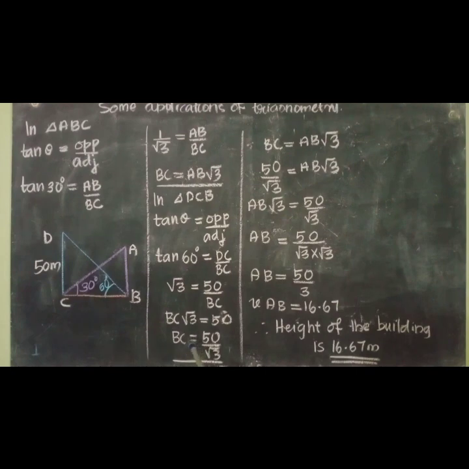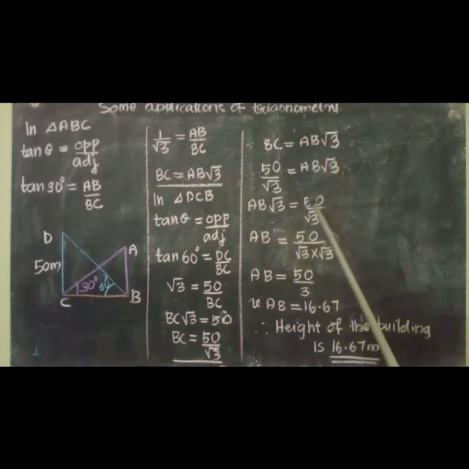Here we got the value of BC. Here we have written BC equal to AB root 3. In this place, we can replace BC by 50 by root 3. So we can write BC equal to AB root 3. That is 50 by root 3 equal to AB root 3.